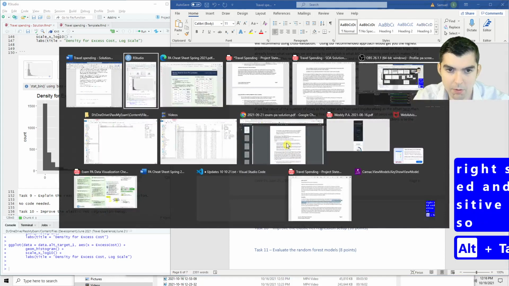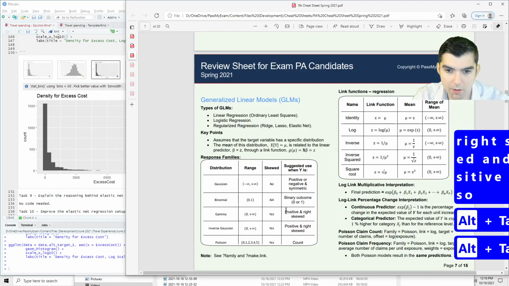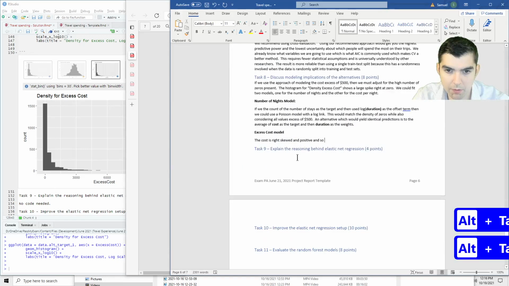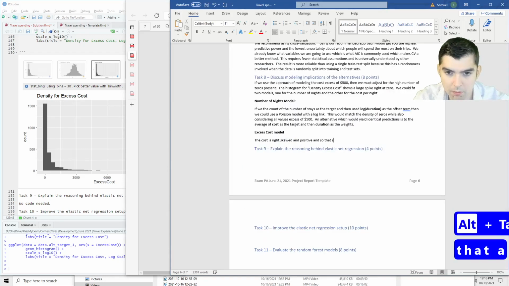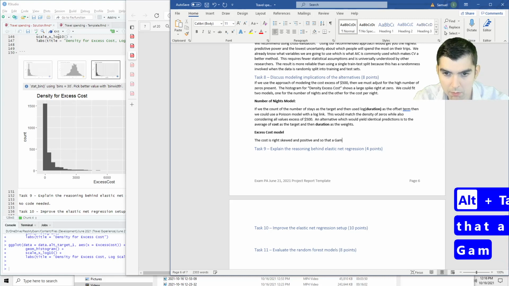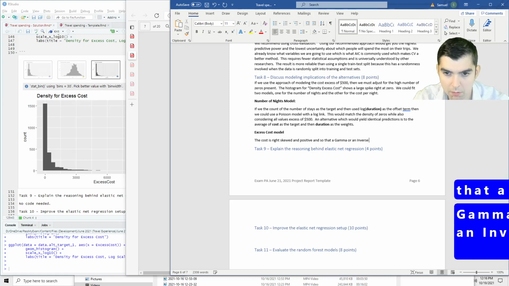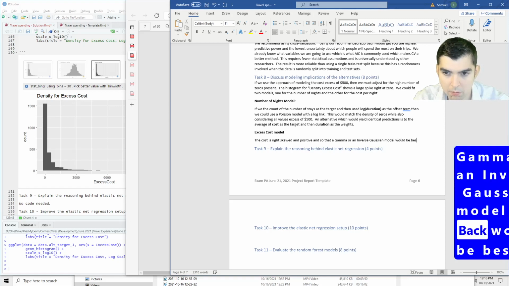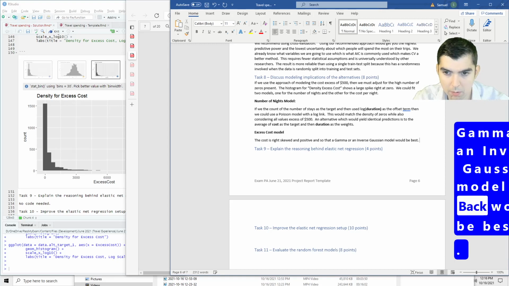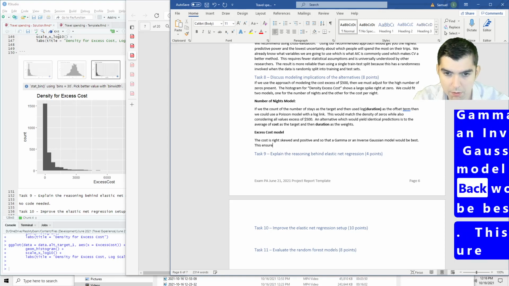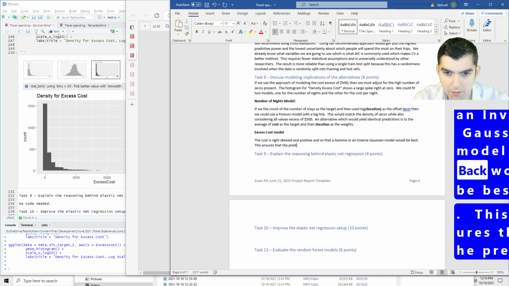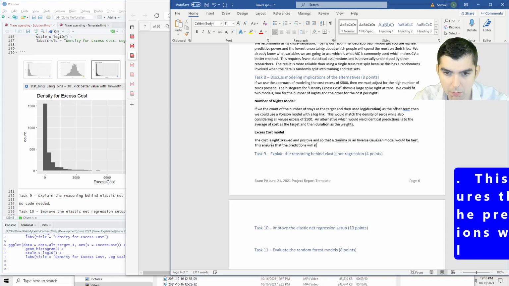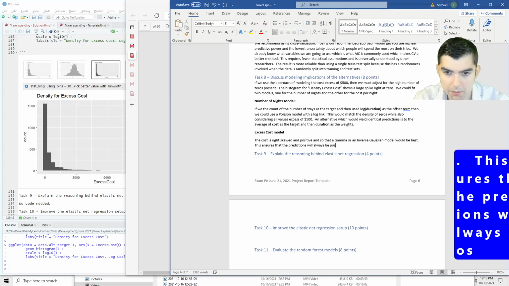And so when we look at these graphs, we know that that's gamma or inverse Gaussian. This ensures that the predictions will always be positive.